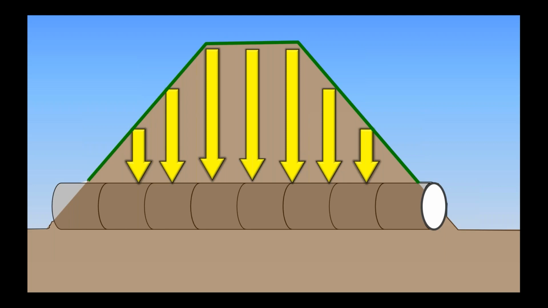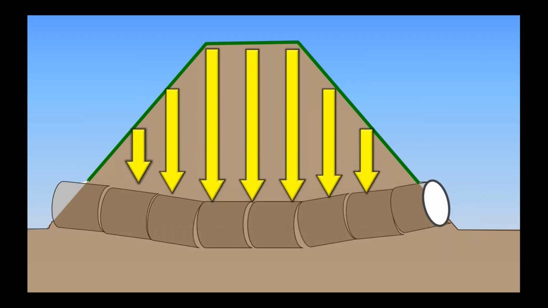So if we were to exaggerate what could happen here, you can see that the conduit will deflect and the joints can open up. That's one of the nice benefits of using pre-stressed concrete cylinder pipe with long joints. They can generally accommodate this. But if you get seepage into the joints, that would be a real concern, because that could be where you have the shortest flow path and soil coming in.